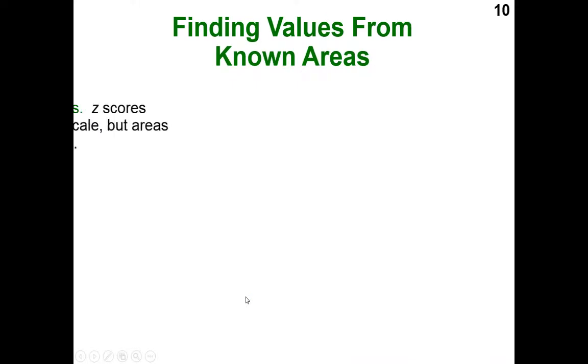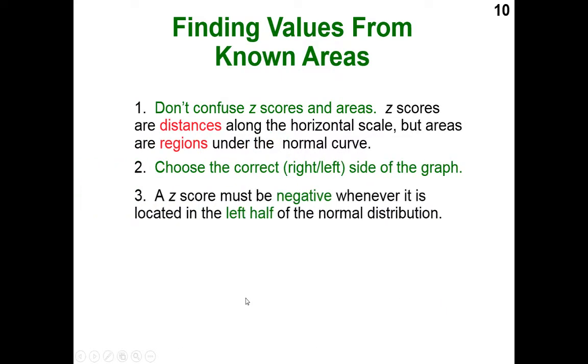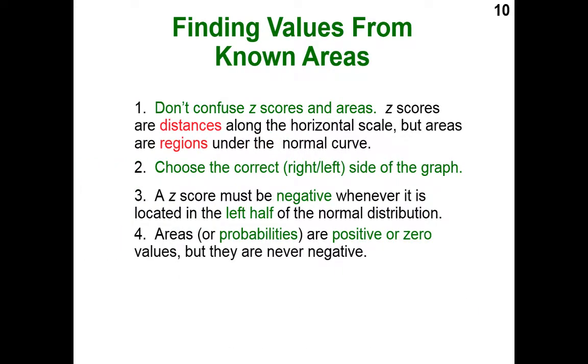Okay. Here are a couple other things that I just want you to be careful with. Don't confuse z-scores and areas. Z-scores are the distance from the mean along the horizontal scale. Area is talking about the region under the normal curve, that shaded region, where we're trying to figure out what percentage of the area under the curve is designated by that shaded region.